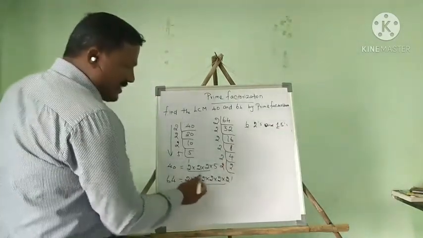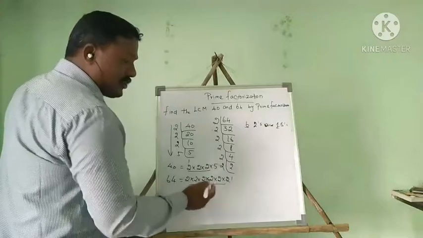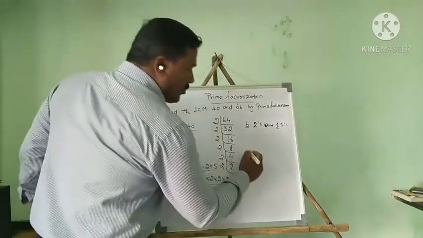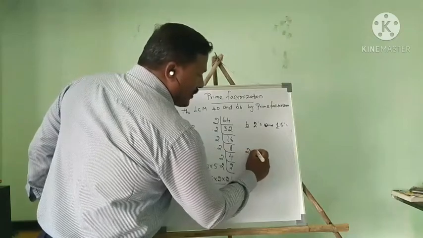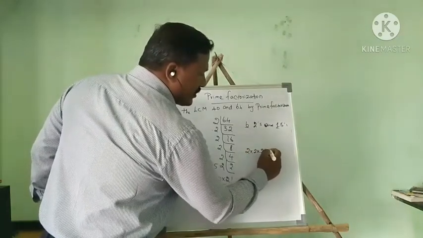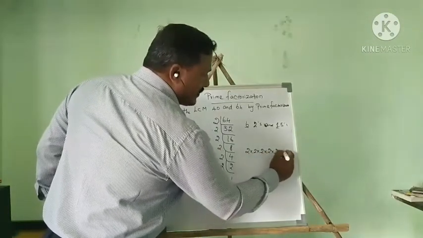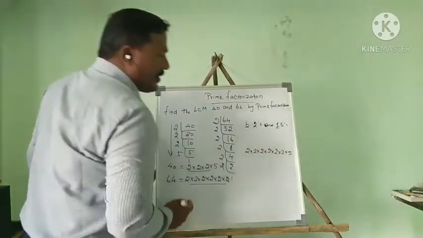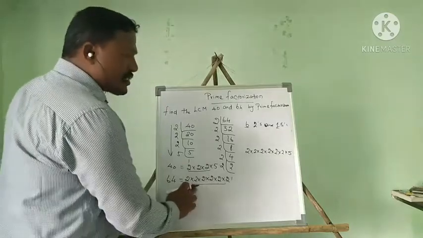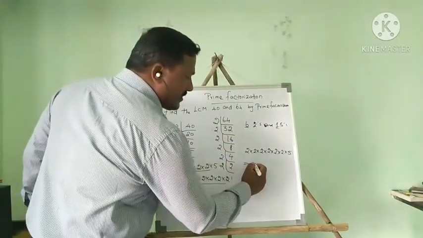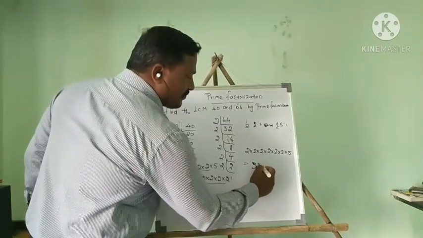Here 3 times, but here 6 times, so this is the highest. So 6 2s are there, 1 5 is there. So 2 into 2 into 2 into 2 into 2 into 2 into 5. So we take 6 2s and 1 5. If you multiply all, we get 320.